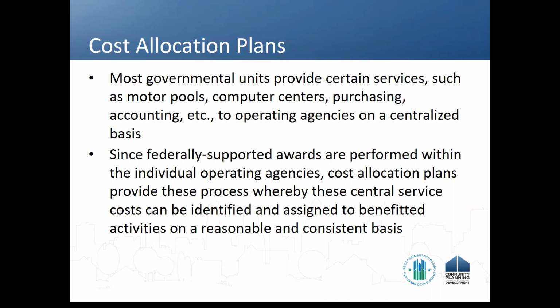So again, we talked about human resources or payroll, for example, that serves the entire agency or government unit. Since federally supported awards, like the ESG-CV program, are performed within the individual operating agencies, cost allocation plans provide the process whereby these central service costs can be identified and assigned to benefiting activities on a reasonable and consistent basis.